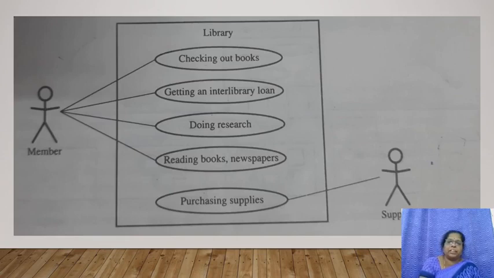Everything will be given in the form. And then another one, reading books and newspapers. If something is not available, you have to purchase from the suppliers. This is a use case. There are so many use cases we have to use: checking out books, getting an interlibrary loan, doing research, reading books and newspapers, purchasing supplies.